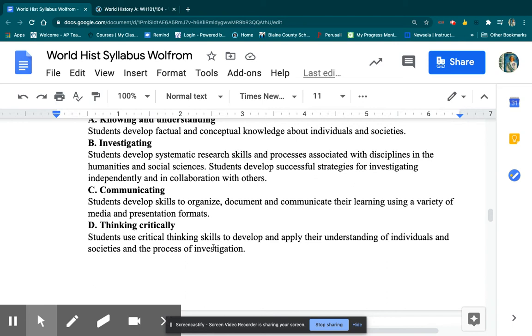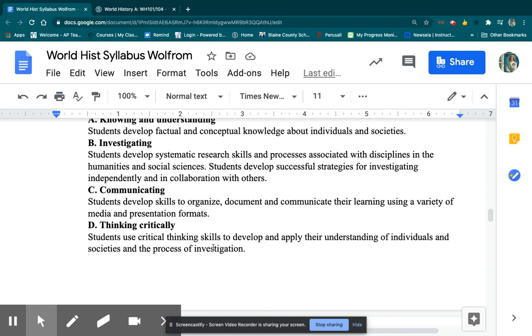punctuation. Thinking critically is our last grading criteria, and you are to practice these historical thinking skills, which go hand in hand with your investigating, but it's primarily analyzing sources, and I'm going to teach you how to do that through sourcing and corroboration. And it's also being able to make an argument. History is an argument.